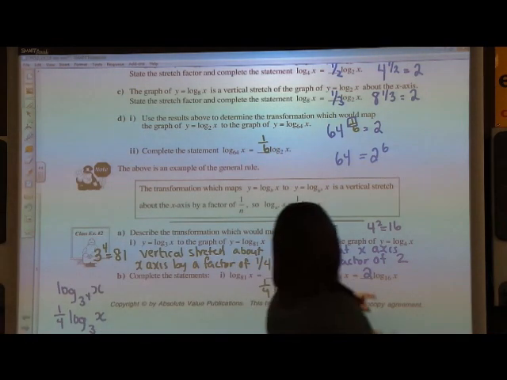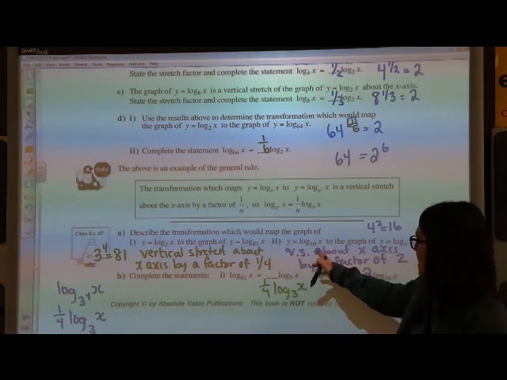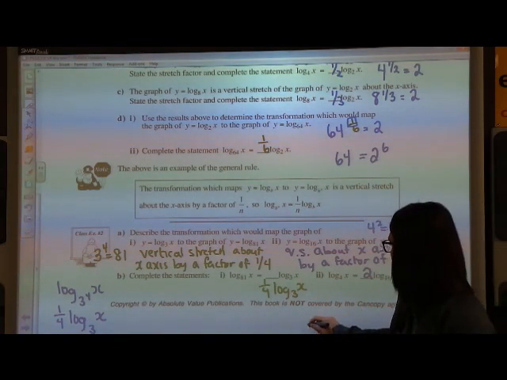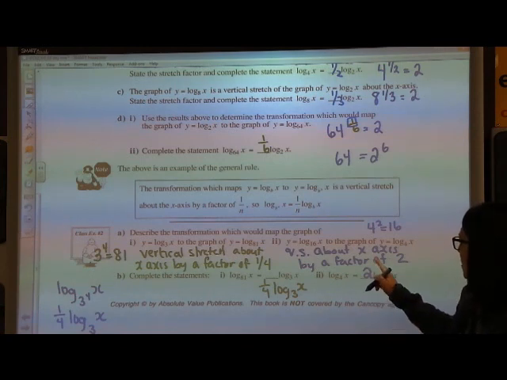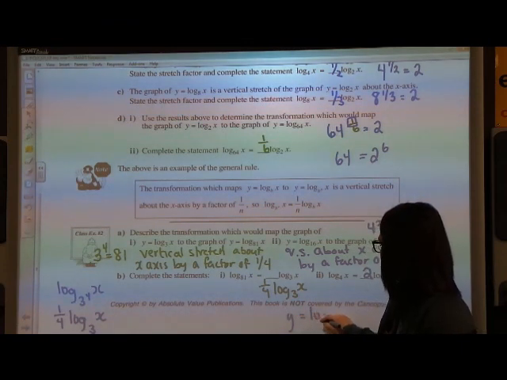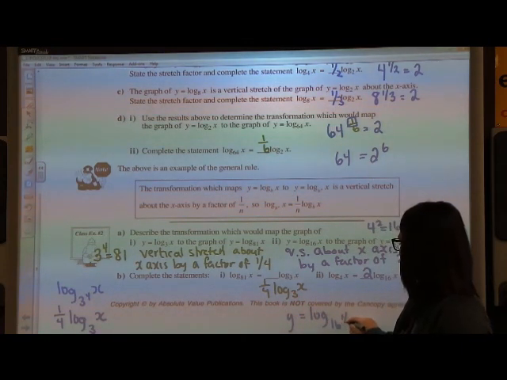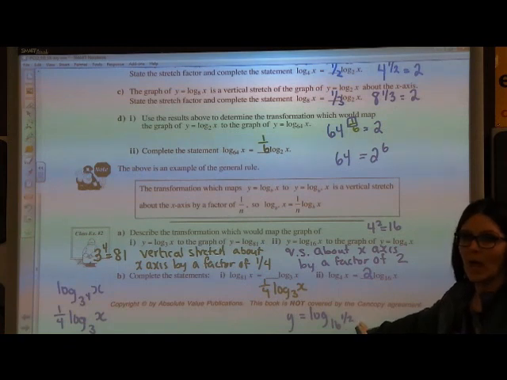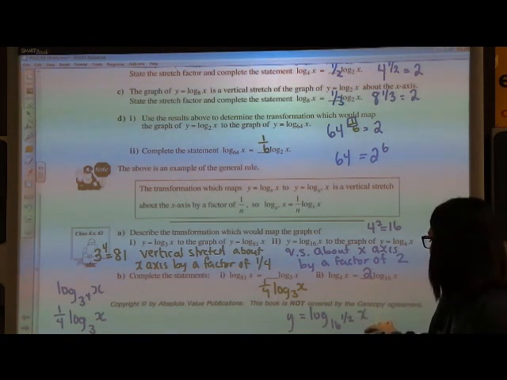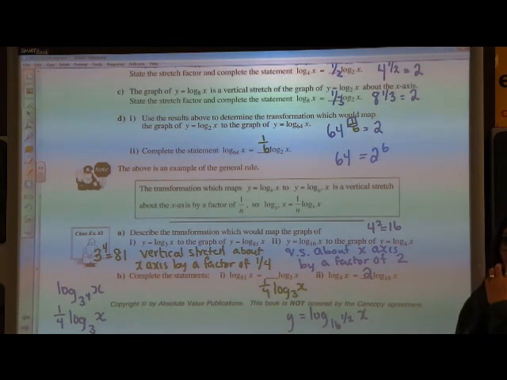With this one, I would need to take this 4, log base 16 of 4. So it would be 16 to the power of 1/2, because that's how I would get to 4. And then I bring the 1/2 to the outside.